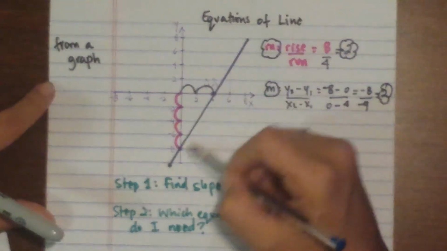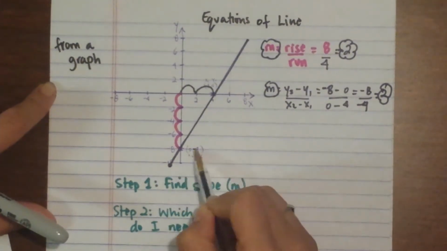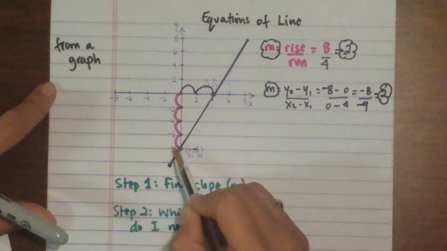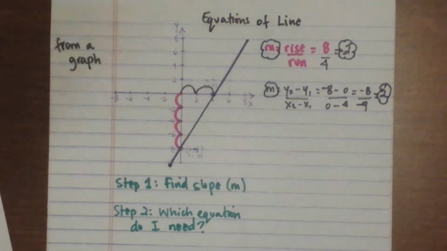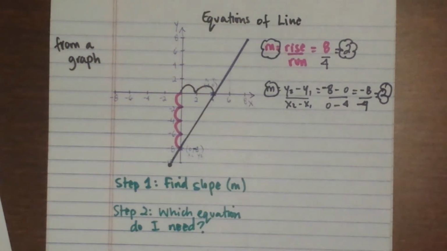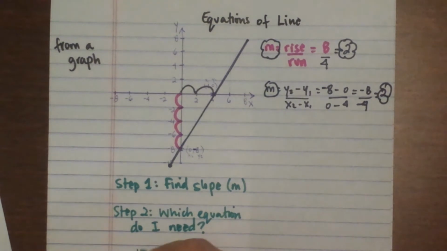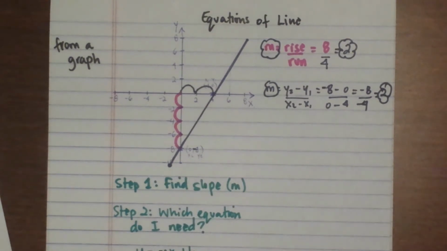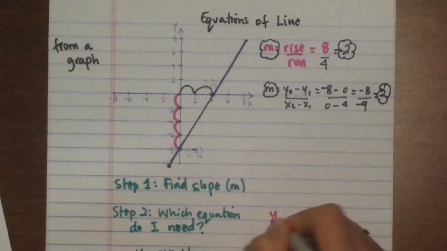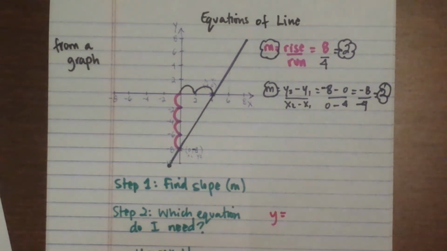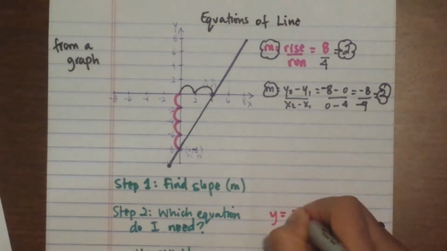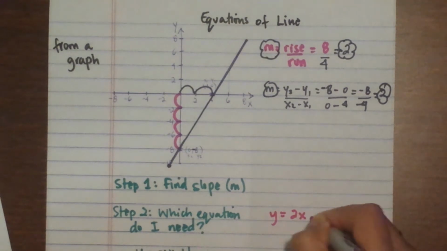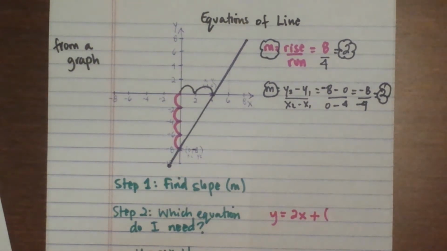Here's the graph, here's the y-axis. It crosses the y-axis at -8. So my y-intercept, or b, is equal to -8. So all we're going to do is plug in the numbers. y equals m, which we found to be 2, x plus b, which is -8.